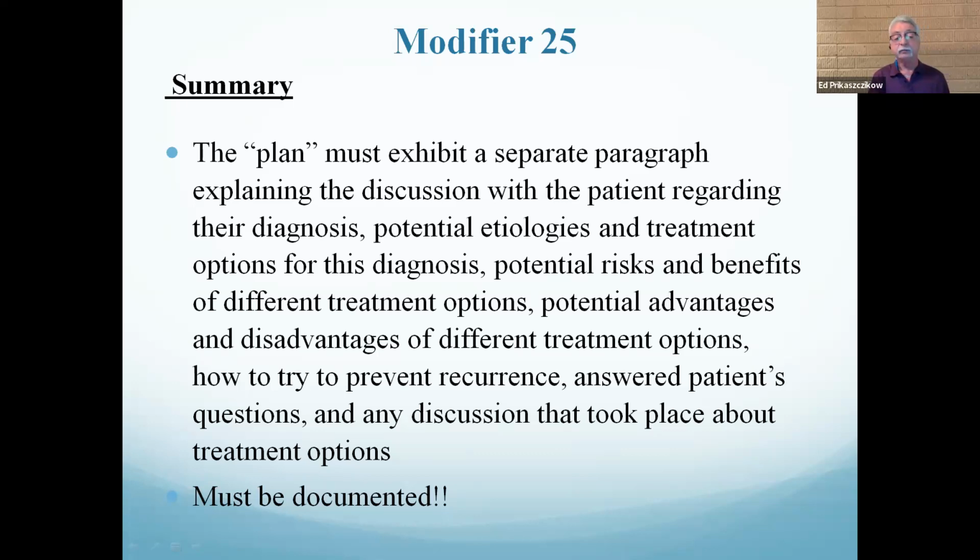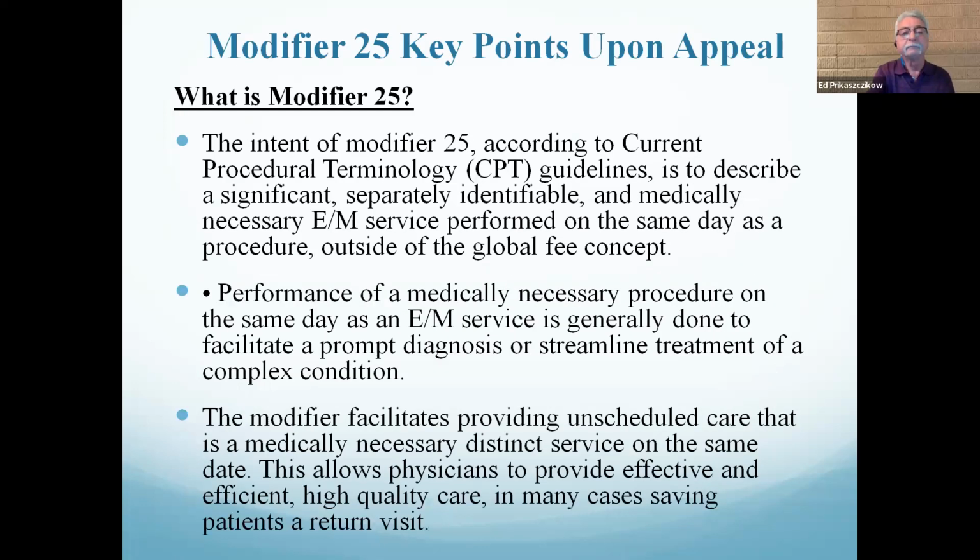But this must be documented, and we recommend a separate paragraph to make it easier when you have to submit your notes for consideration of payment, so it'll be distinct and separate, and easier for a reviewer or auditor to look at.